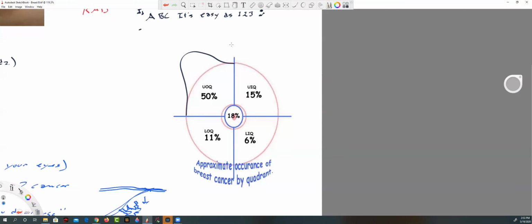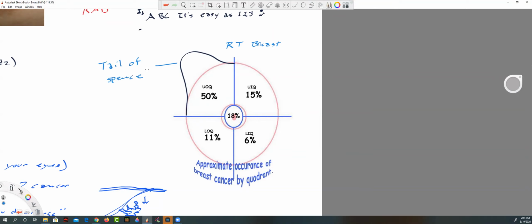So, by the way, this is a right breast. I drew this in. This is, remember, the tail of Spence.